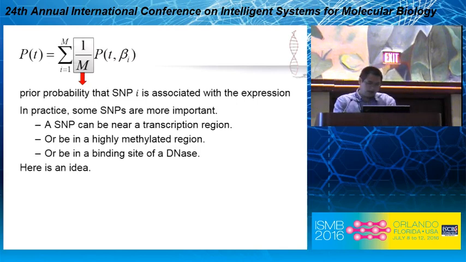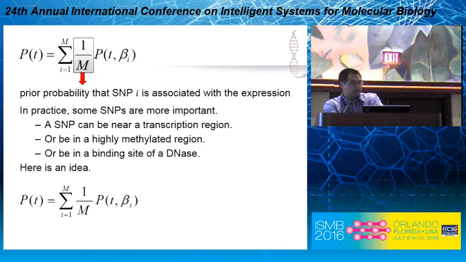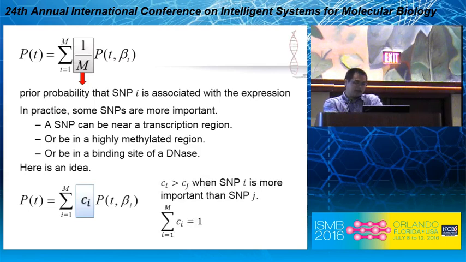So here's an idea. You can replace 1 over m with c_i, where c_i is a unique probability that the SNP is associated with the expression. So you would have c_i higher than c_j if SNP i is more important than SNP j. And you would like to have the sum of c_i equal to 1, because c_i is a probability, so they add up to 1.